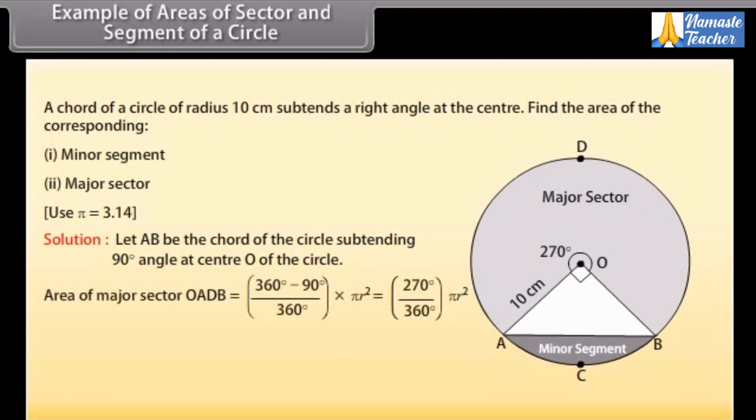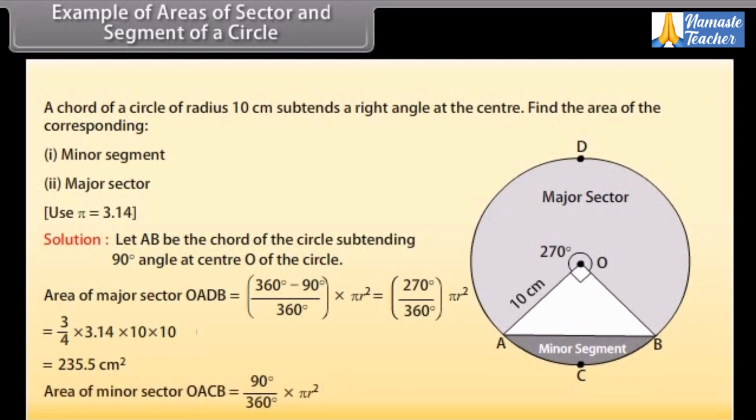Area of major sector OADB is equal to 360 degree minus 90 degree whole upon 360 degree into pi r square, which equals 270 degree upon 360 degree into pi r square, which is equal to 235.5 centimeters square.